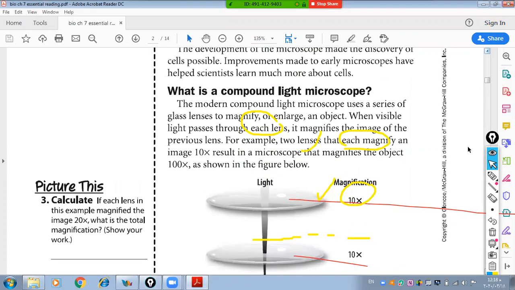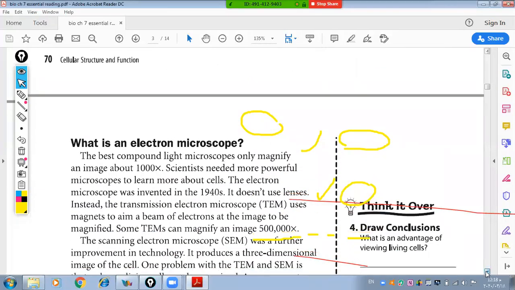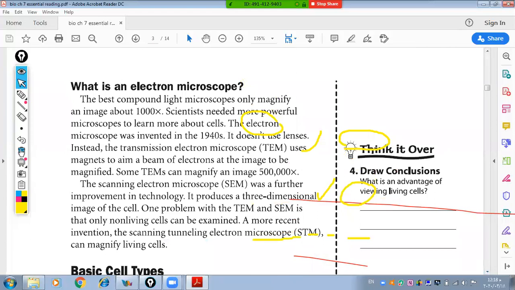The highest value we can have from a compound light microscope is 1000. Here you can see the best compound light microscope only magnifies an image about 1000 times.